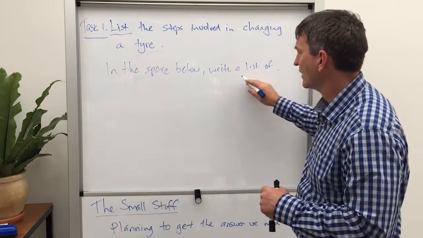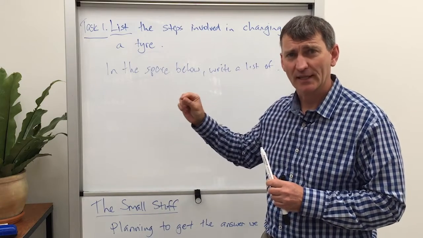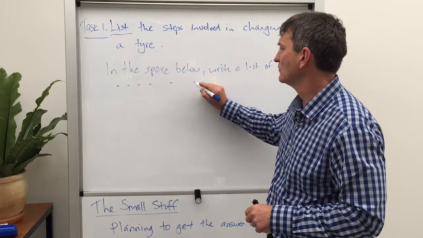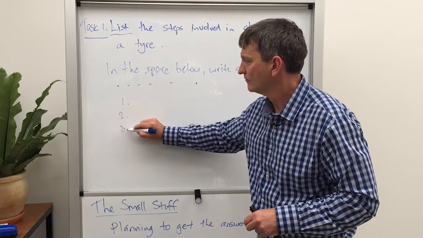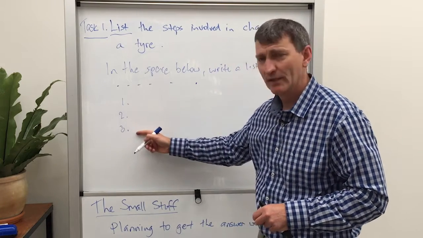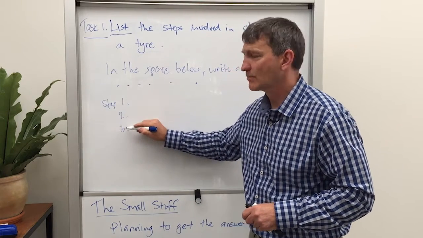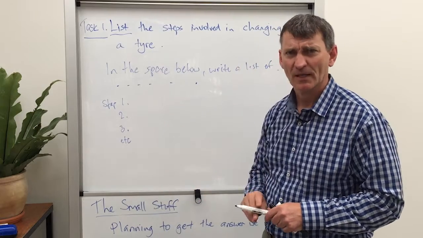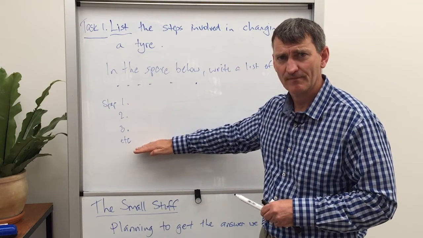So by putting it like that, we're actually addressing the question of the what and the how. And then, if we want it to be really helpful, then in the space below, we can write numbers. Step 1, step 2, step 3, and just write etc. That models for the learner how to set up their answer.